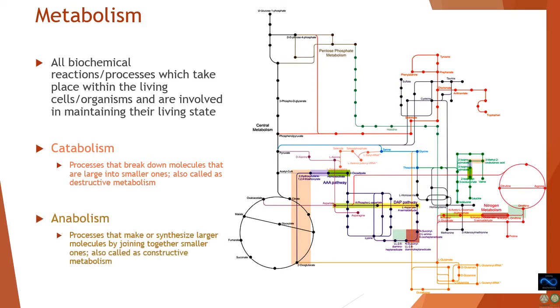Anabolism is the reverse of catabolism; it is the synthetic process, also called constructive metabolism. It involves macromolecules right from their smallest subunit, so it goes from simple to complex and helps in the synthesis of larger macromolecules like glycogen and fats for storage.